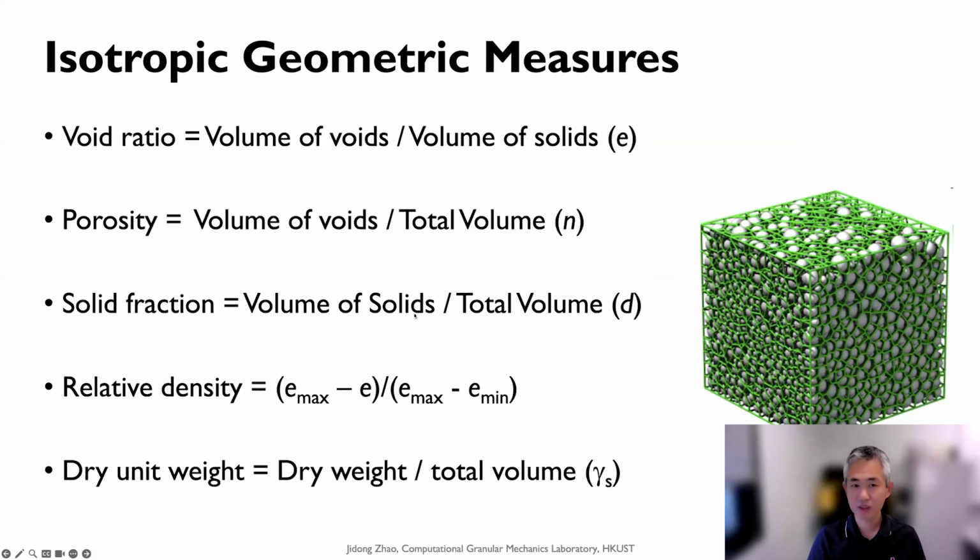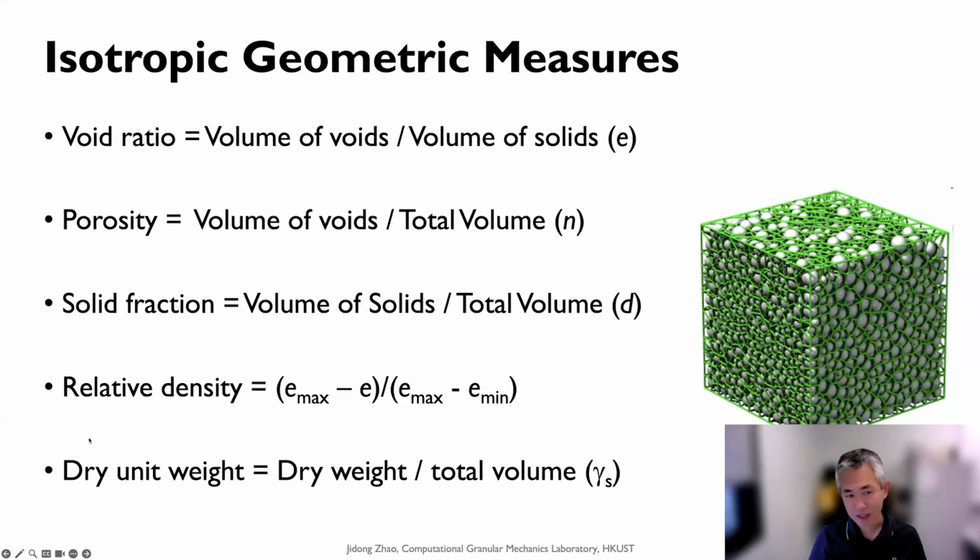We can also define other quantities that are more or less equivalent and can be translated between them, such as the porosity, defined as the volume of void over the total volume of this assembly, and we normally denote it n. And also the solid fraction, or sometimes we call it solid density, which is the volume of solid over the total volume.